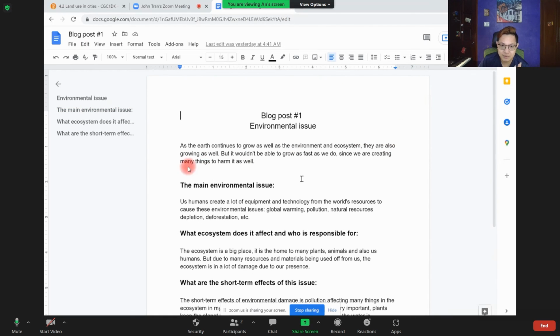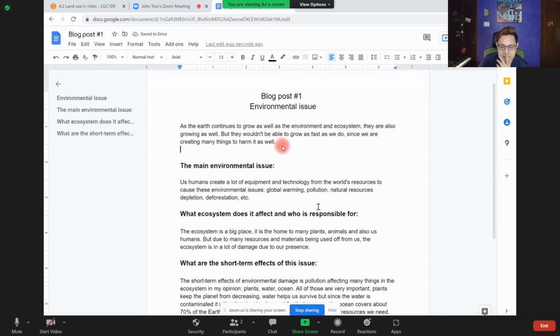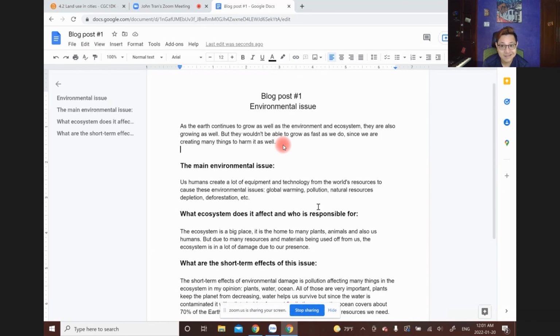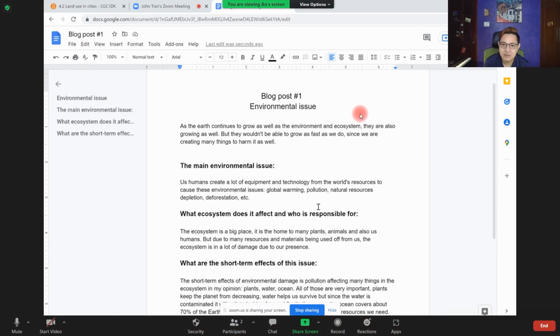If you say they are also growing as well, but they wouldn't be able to grow as fast as we do, since we are creating many things to harm it as well, it sounds very spoken. Try to make it sound less spoken by replacing personal pronouns with other things, for example, as the earth continues to grow as well as the environment and ecosystem. Who are they here? What does they here stand for?